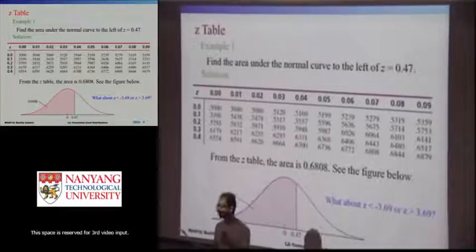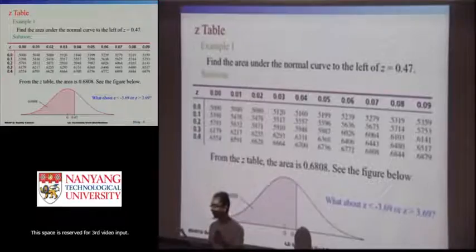We can see when it is minus 3.69, the value is already 0.0001, right? When z further decreases, it's safe to say it equals 0.